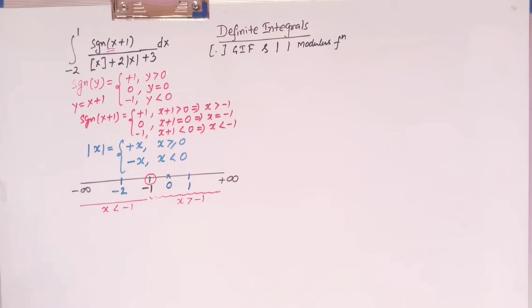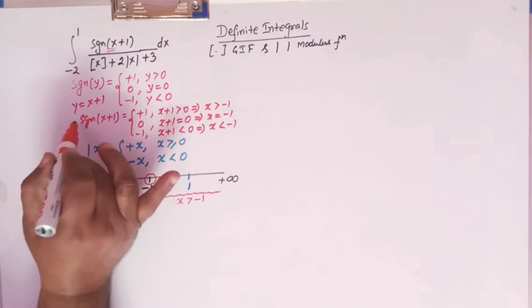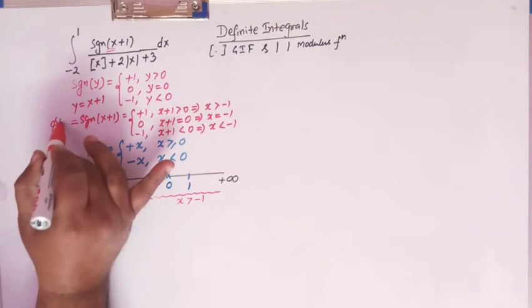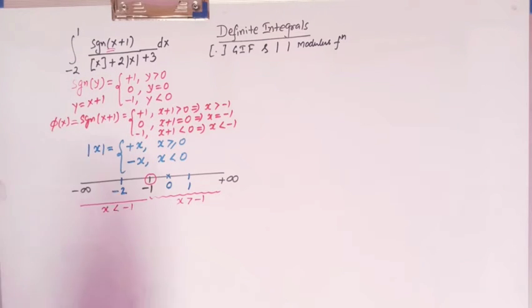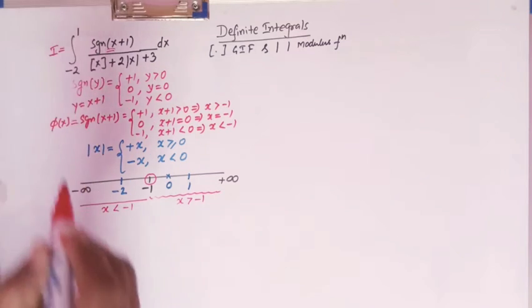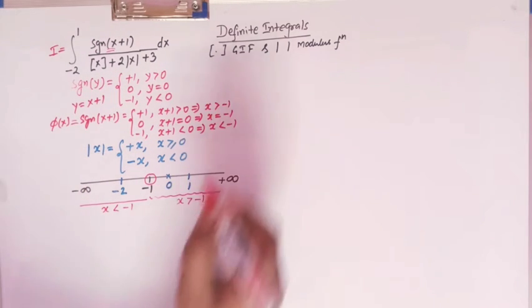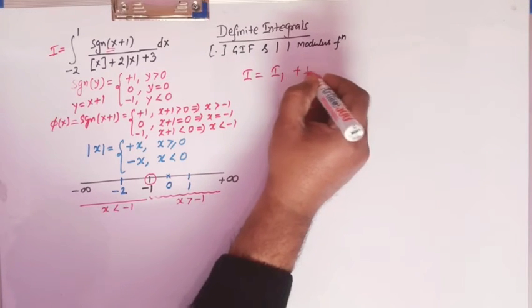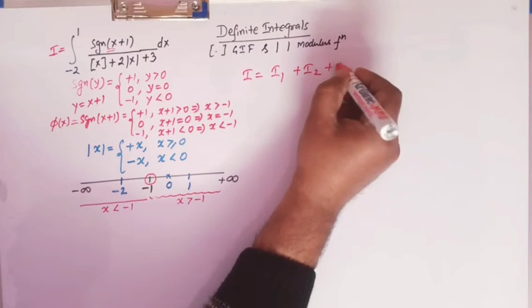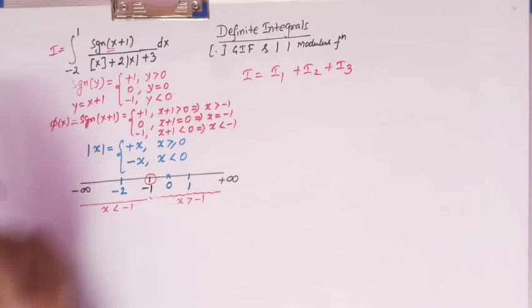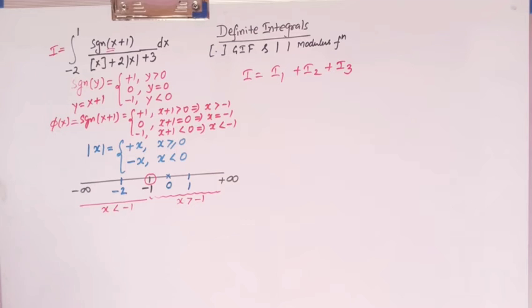Now let us consider the signum function of x + 1 as phi of x. So this integral I can be written as a sum of three integrals, I1, I2 and I3.